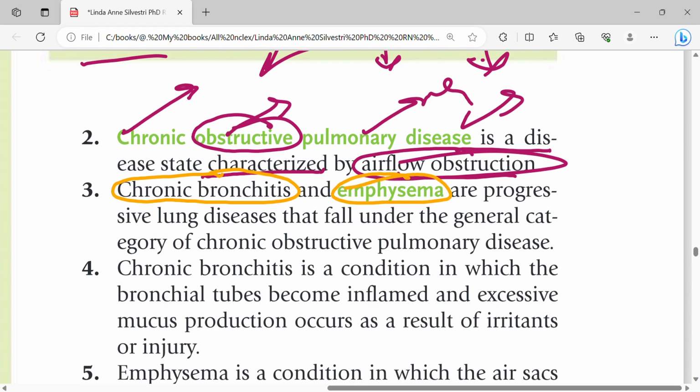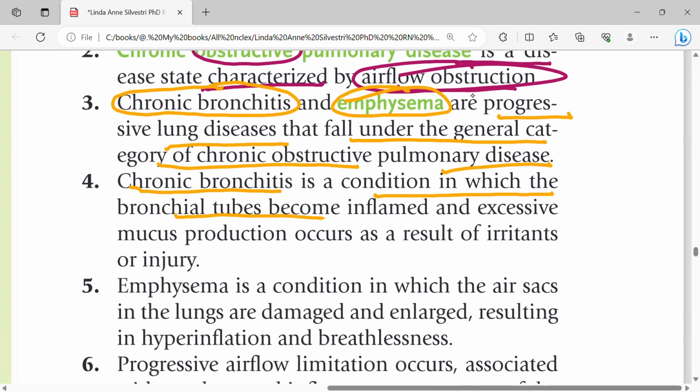These both together are called COPD, a progressive lung disease that falls under the general category of chronic obstructive disease. Chronic bronchitis is a condition in which the bronchial tubes become inflamed and excessive mucus production occurs as a result of irritants or injury.